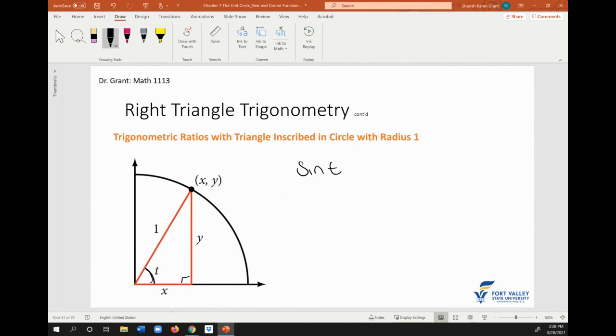Notice that my height of my triangle, or in this case, the opposite side, has a length of y, and the adjacent side has a length of x. My hypotenuse is going to be my radius, which is 1. So sine of theta, recall that sine is opposite over hypotenuse. If we were to fill in, the opposite would be y, hypotenuse would be 1. So in other words, sine of t is my y coordinate.